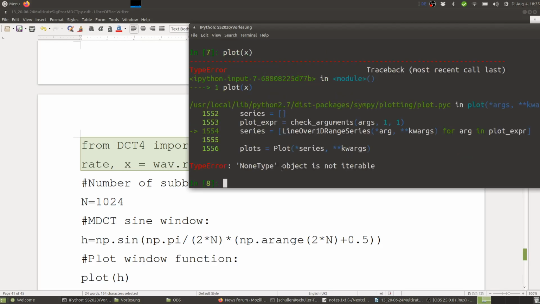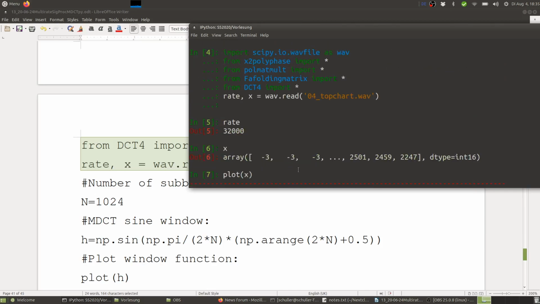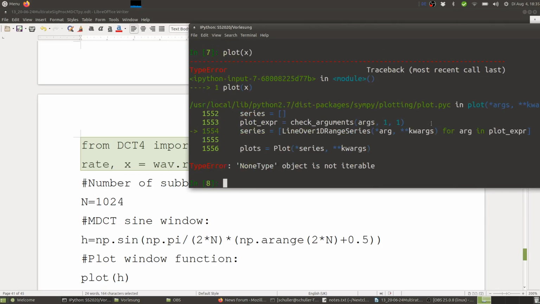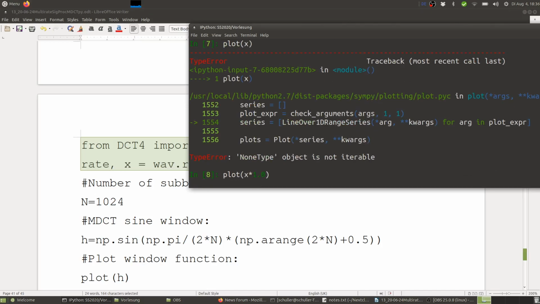Oh, that's strange. Data type int16, or maybe it doesn't like the data type. Multiplied with 1.0, then it turns it into floats.